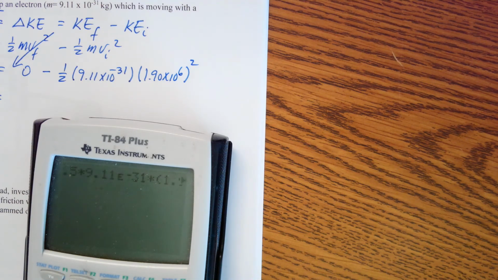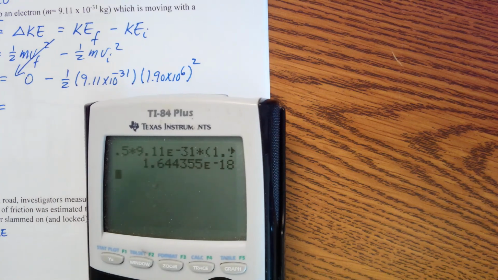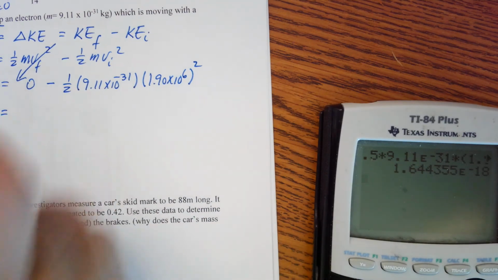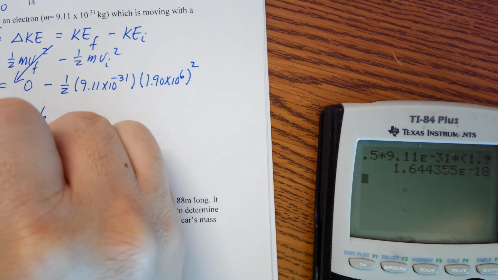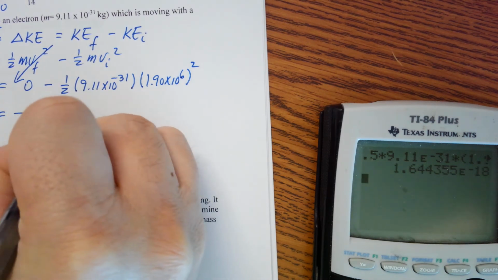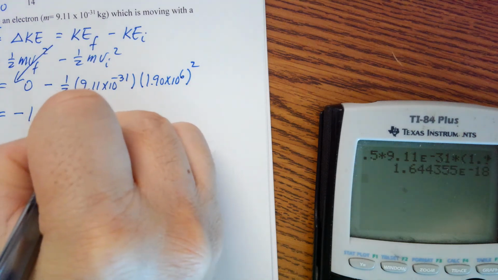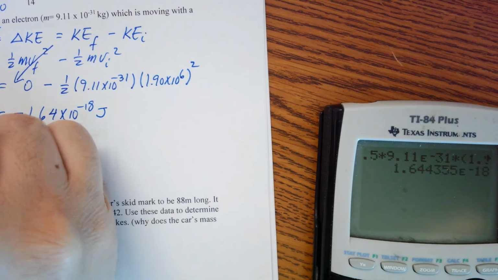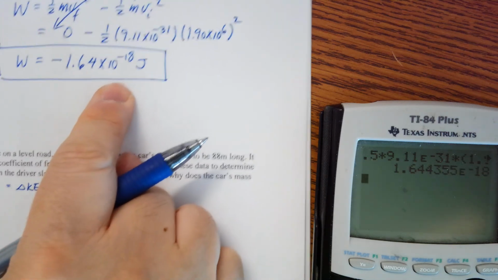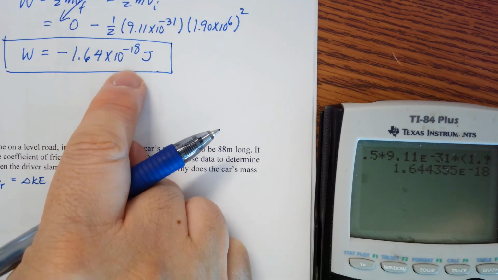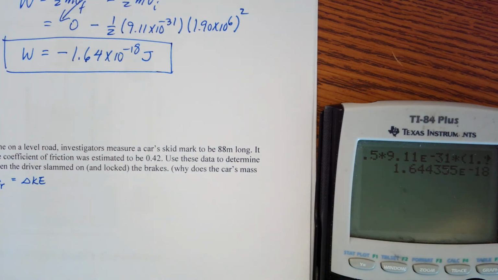So what do we get? We get 1.64 times 10 to the negative 18th joules, and it's negative, right? 1.64 times 10 to the negative 18th joules of work is required to stop that electron. That's very small. I mean, you don't really need that much, okay?